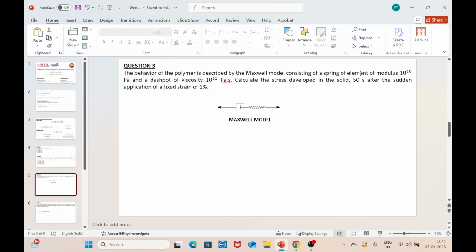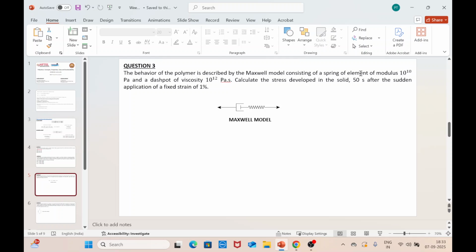Now we need to calculate the stress that is developed in the material 50 seconds after the application of a fixed strain of 1%. So here the strain is going to be fixed. Based on this we are supposed to calculate what will be the stress that is going to get developed in the material after the application of strain.